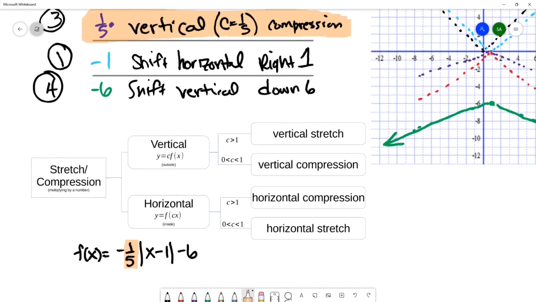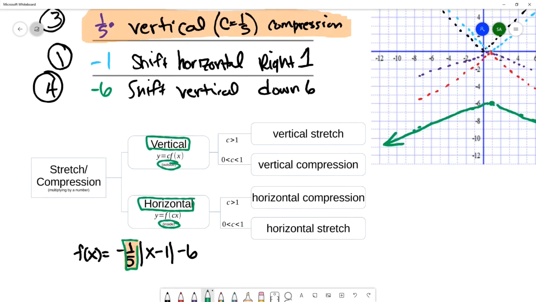When I am deciding whether it is a stretch or a compression, vertical or horizontal, I first want to decide whether it is vertical or horizontal. All of the vertical transformations occur outside of the base, and all of the horizontal transformations occur inside of the base.